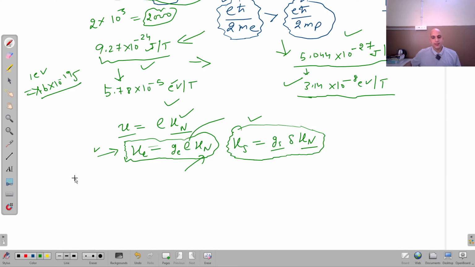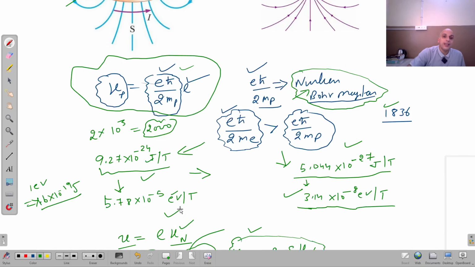Now as far as this value of ZL is concerned, ZL is equal to 1 for a proton, and its value is 0 for a neutron, because the nucleus also contains neutrons.